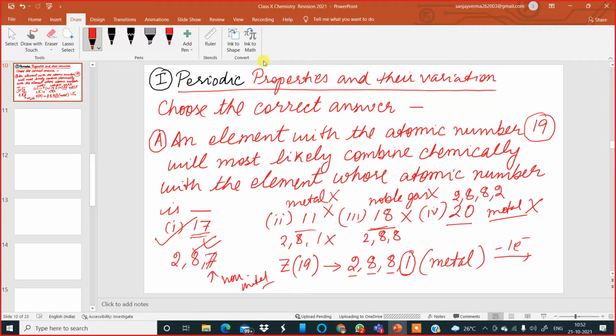Ionic. It is an ionic or electrovalent bonding happening over here.